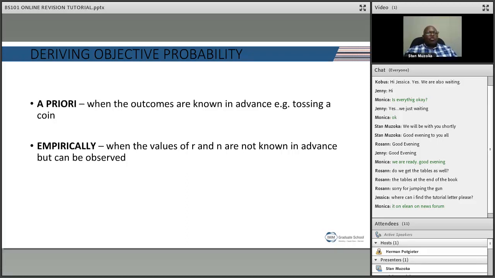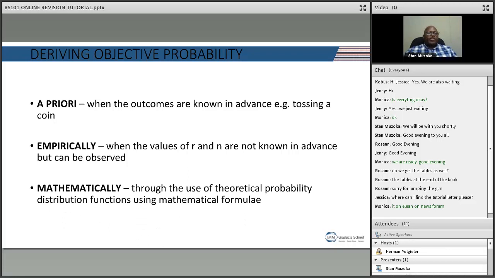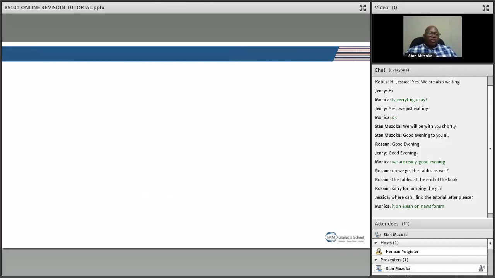We observed it over a month, and this is what happens. And we can derive them mathematically, where the pattern of events is known in advance, and we therefore use a formula to derive that known pattern. We apply our scenario to that known pattern.